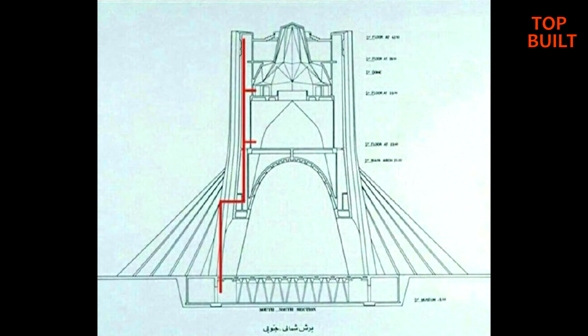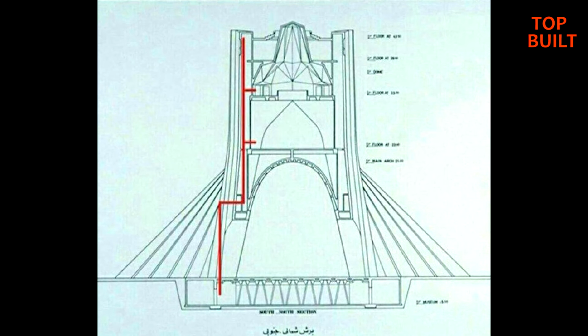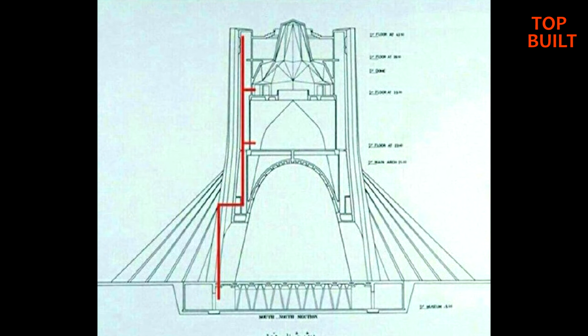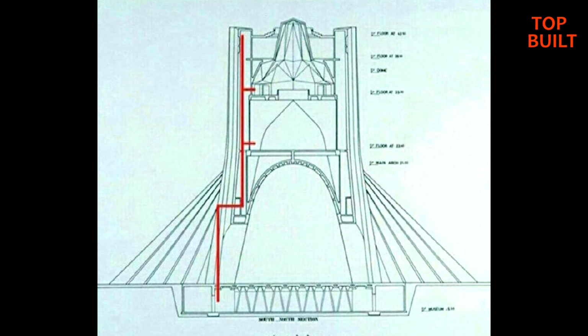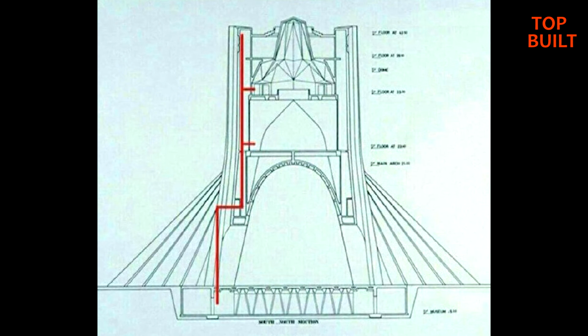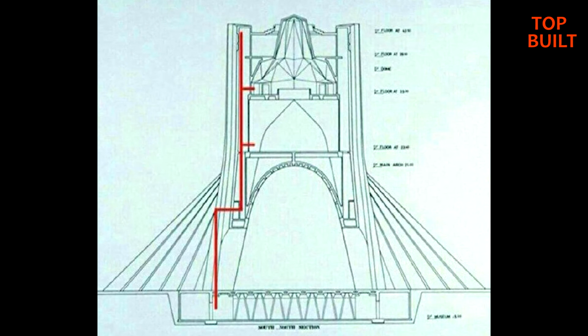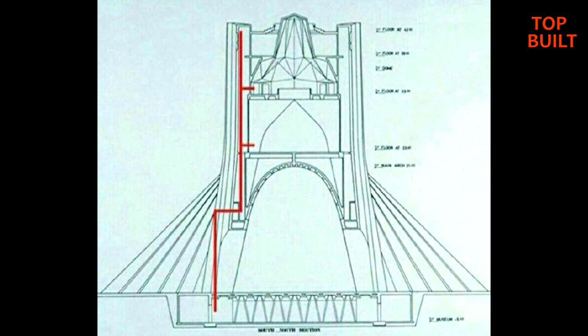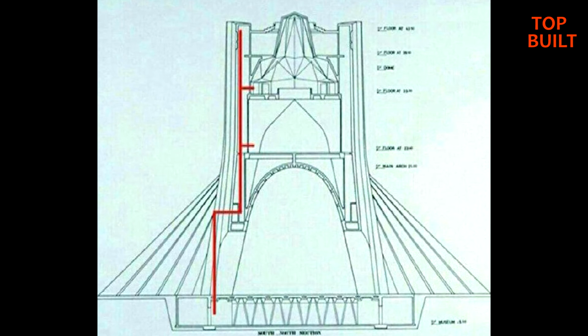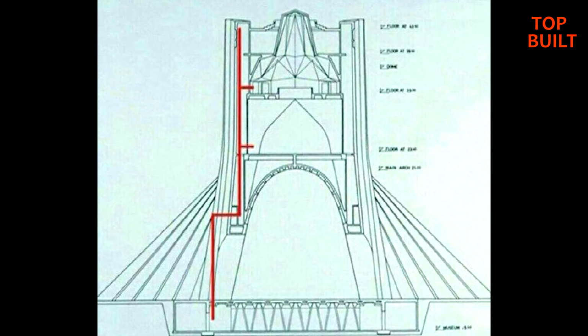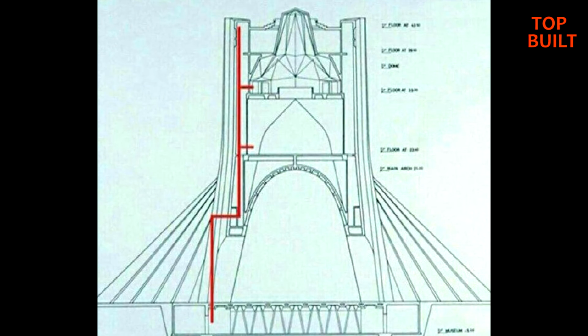Shahyad Tower has two elevators that climb the walls of the tower, and each serves only two floors. The first elevator goes to the second floor, and the second elevator goes to the next two floors. The first floor is 23 meters above the ground, and it's used to change elevators and has nothing to visit.